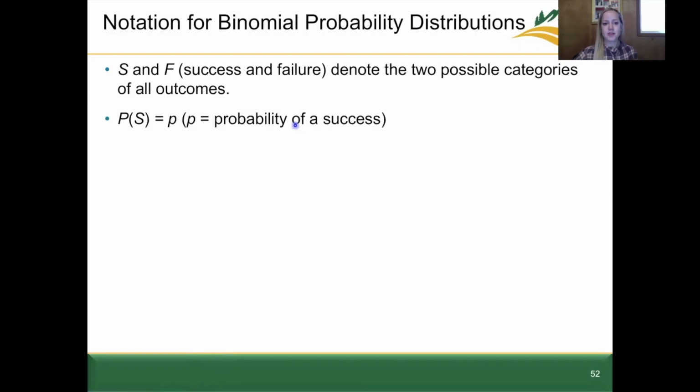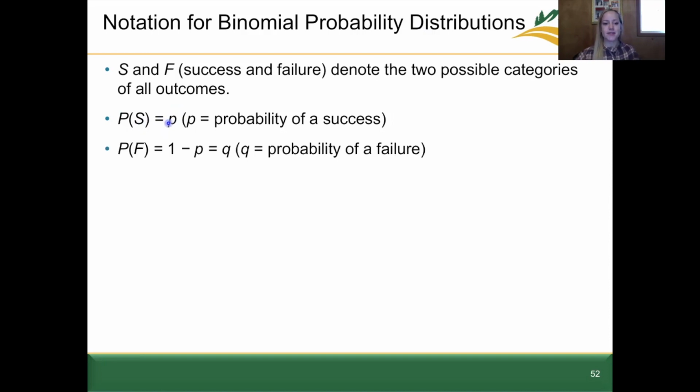The next notation here, the probability of capital S, or the probability of a success, is also equal now to lowercase p. So lowercase p is the probability of a success. It makes it easier that we don't have to write this out every time, but it can be confusing now because we're introducing a new way of writing the probability of a success, but that's lowercase p now.